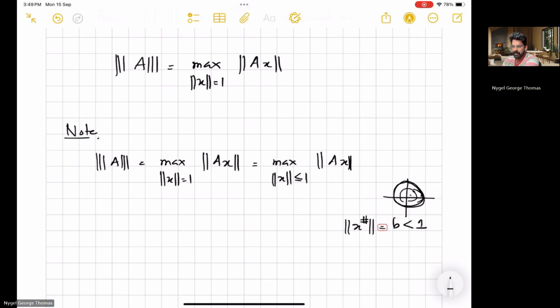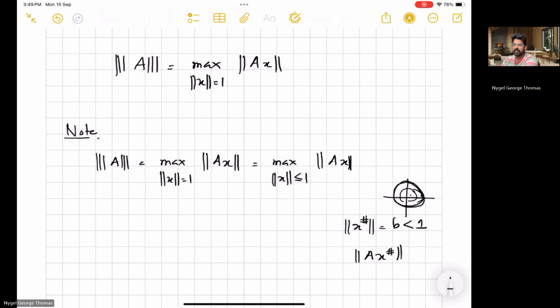Then its corresponding maximum value is norm of A x hash.